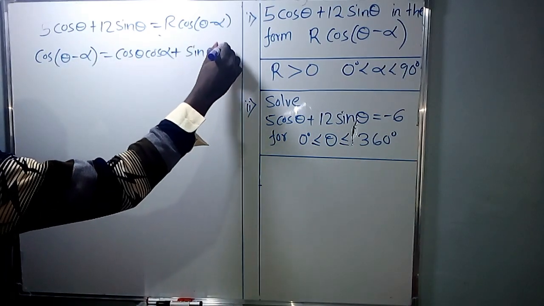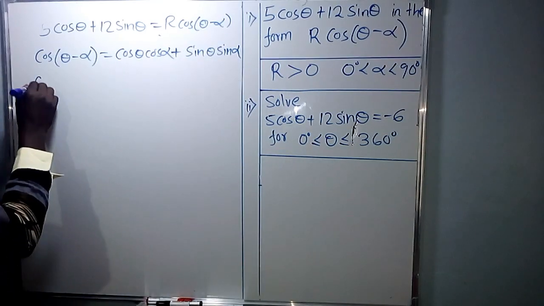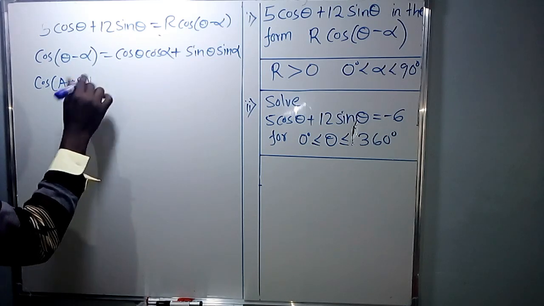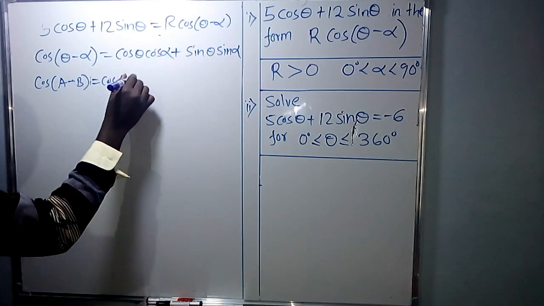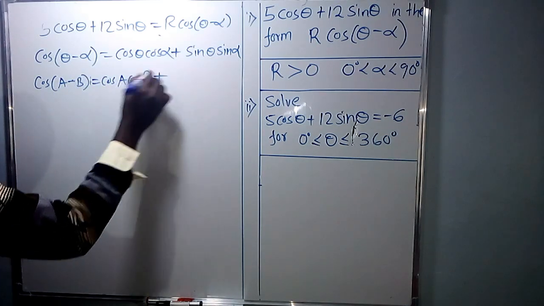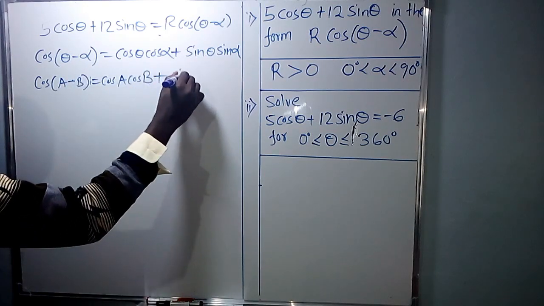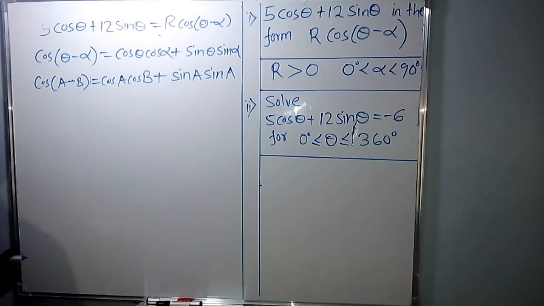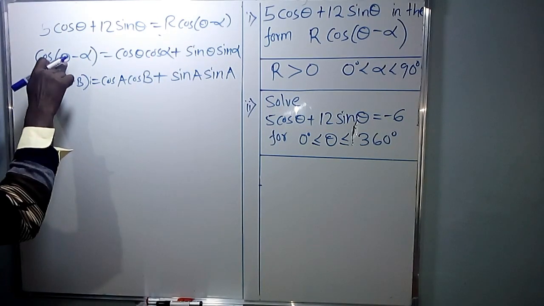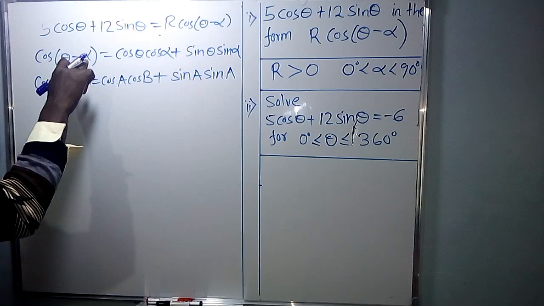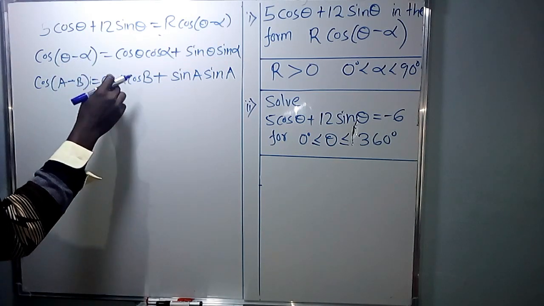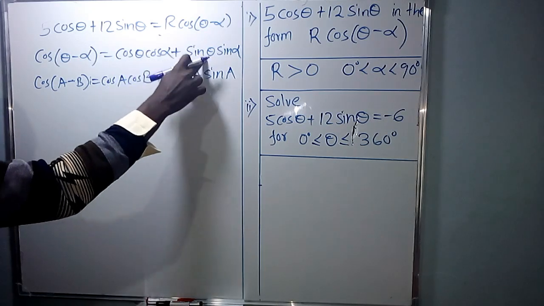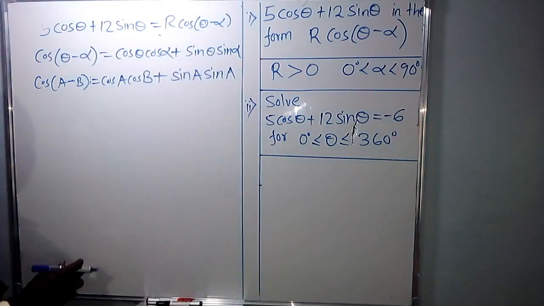Meaning if you have cos(A minus B), that is simply cos A cos B plus sin A sin B. So in our case, where there is A, we put theta, and where there is B, we put alpha. So cos(theta minus alpha) is cos theta cos alpha plus sin theta sin alpha.